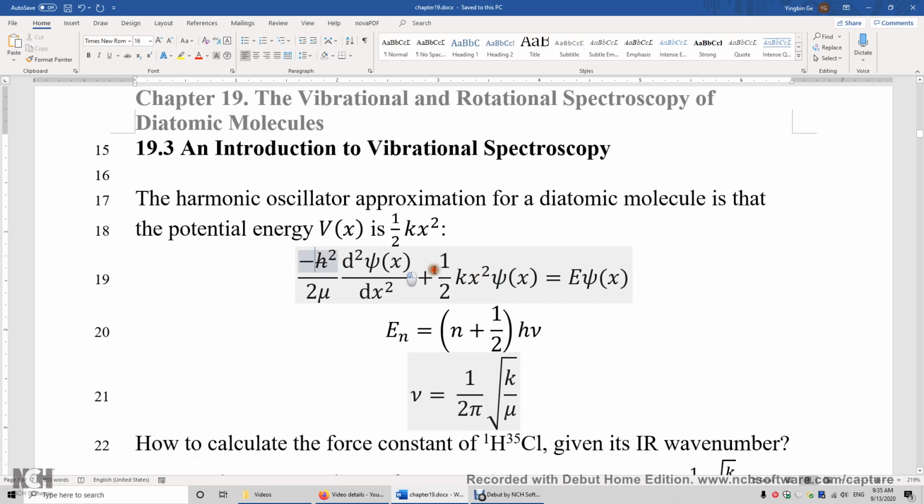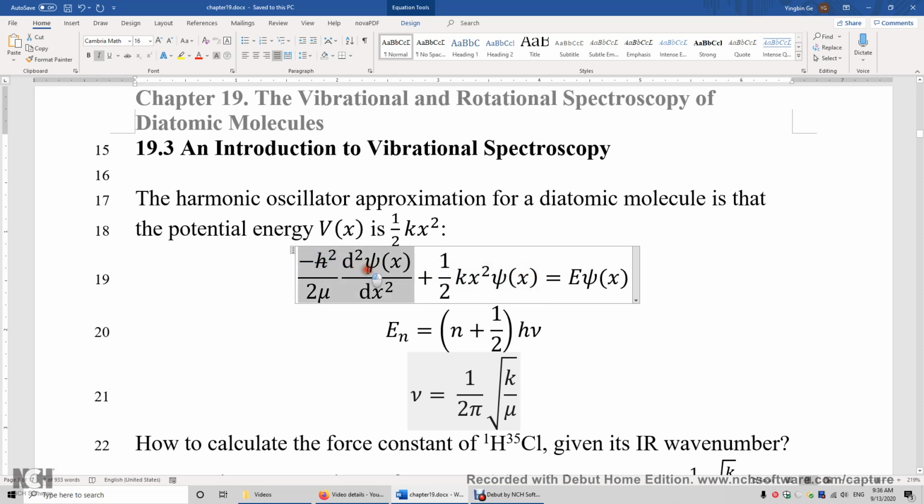Now we can write out the shortened equation. H psi is equal to E psi. H is the Hamiltonian. H is the sum of the kinetic energy operator and potential energy operator. So we apply the kinetic energy operator to psi. We apply the potential energy operator to psi.